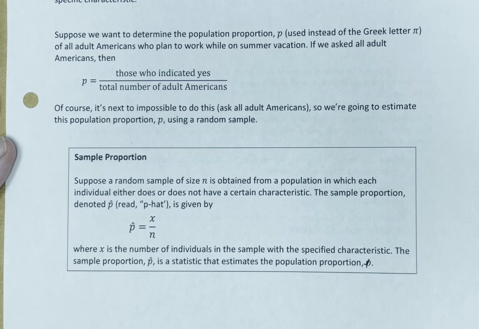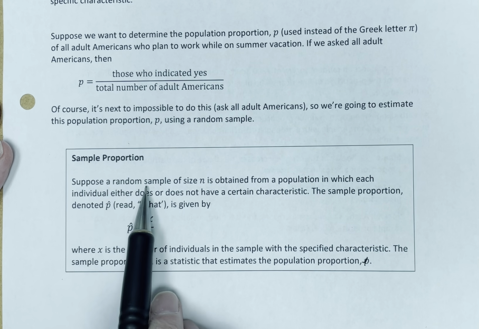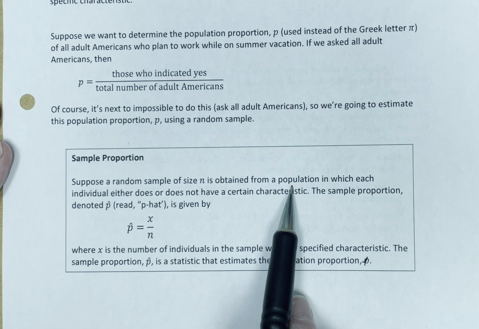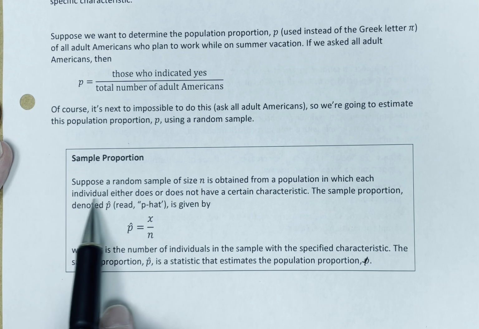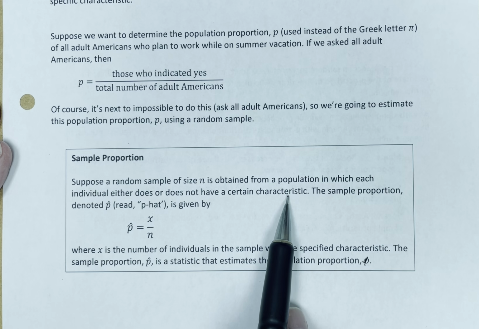All right, let's put that together in this box here. Sample proportion. Suppose a random sample of size n is obtained from a population in which each individual either does or does not have a certain characteristic.